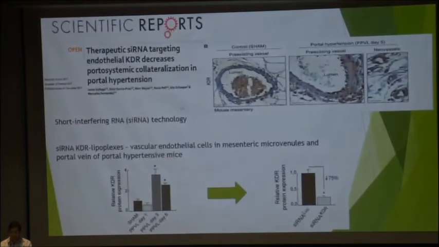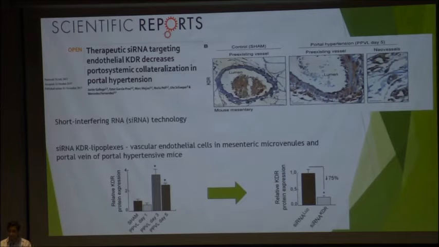The other is a recently used technique, which is the short interfering RNA technology. So one part is the therapeutics, and the second is the delivery system for liver fibrosis. This again was a study which targeted the endothelial KDR, also called the VEGF2 receptor.